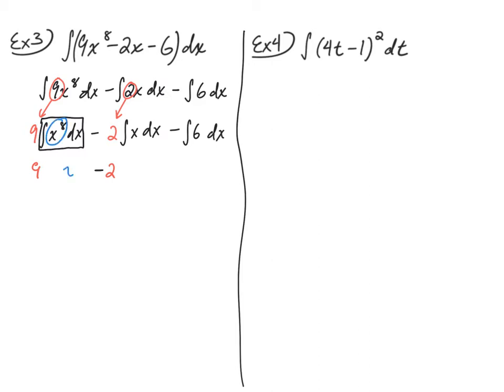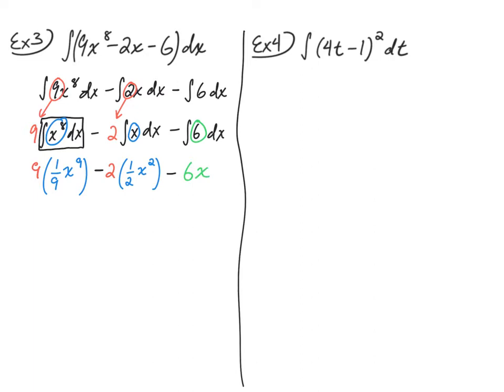So I would have x to the 9th power. And to that, I would multiply by the reciprocal of the new power, in this case 1 over 9. The next one, I just have to add 1 to the power of this x squared, and I would multiply that by the reciprocal of the new power. The reciprocal of 2 is 1/2, and luckily for this last one, 6, we can just write minus 6x. So that's nice.